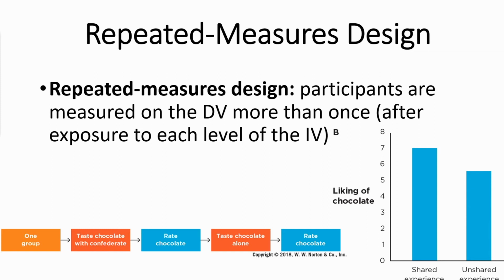So two people sitting together would both taste the chocolate, and then they would rate how much they enjoyed the chocolate. Then they had the confederate leave the room. They got people to rate everything on their own. So taste the chocolate alone, and then rate the chocolate again.